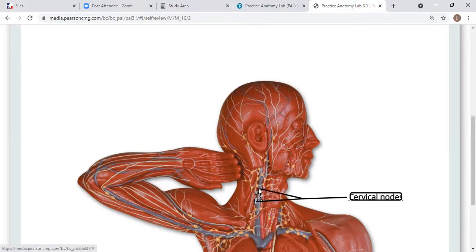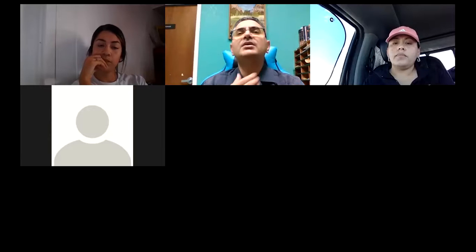And look at all these nodes. So that's why sometimes they come in and they check, because that's one of the places where, as we go into the lymphatics, you're going to see how very interconnected it is with the immune system. So we check. You could do that with your loved ones too. If they're feeling sick, you can even feel that.